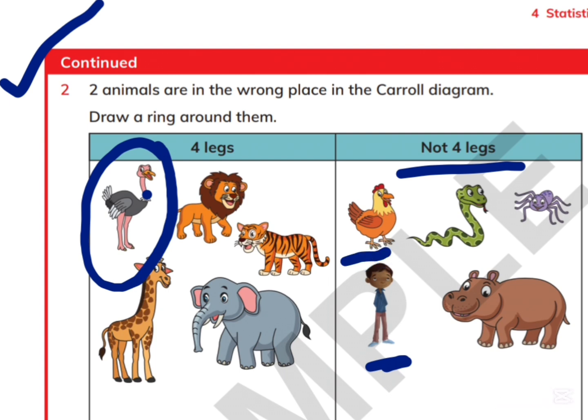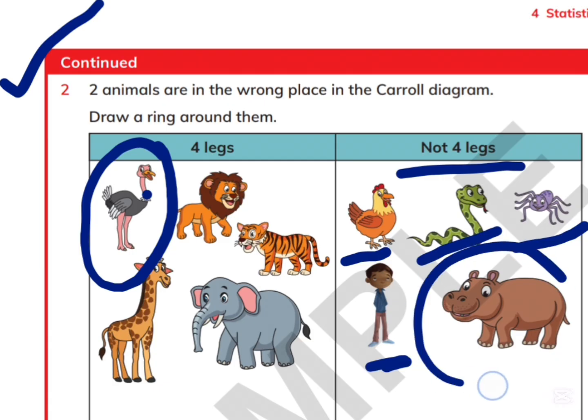It doesn't have legs, so it is also counted in no 4 legs. It has many legs, more than 4, so it doesn't have 4 legs.